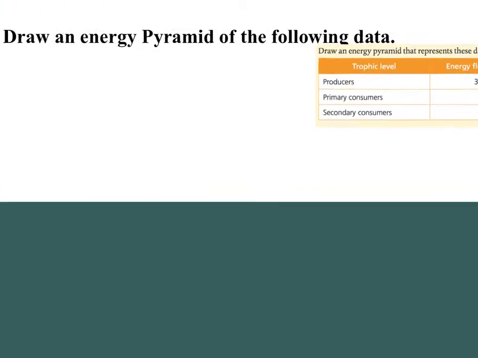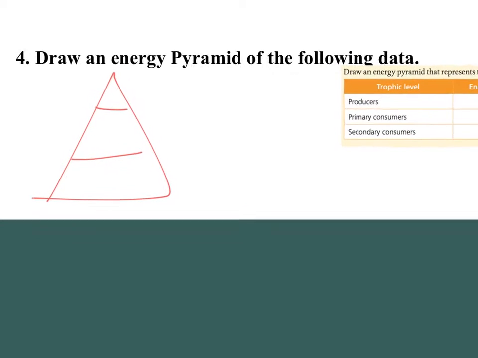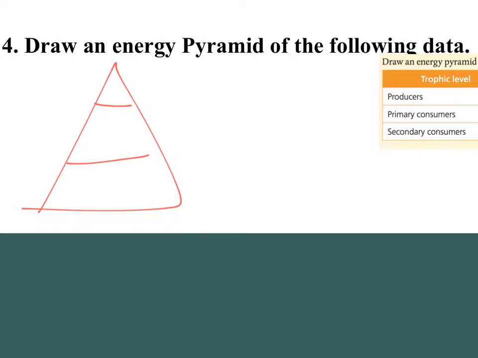Draw an energy pyramid of the following data. We should be able to do this pretty easily. So let's just draw our pyramid first. So bottom is producers, primary consumers, and secondary consumers.